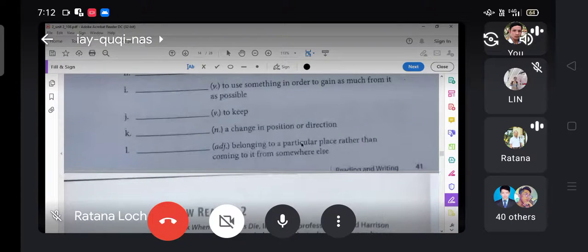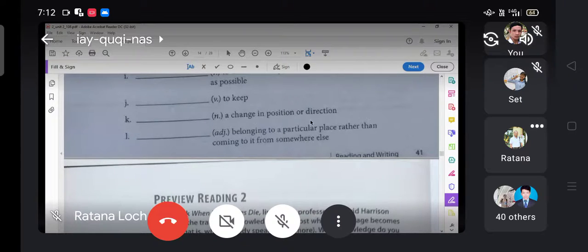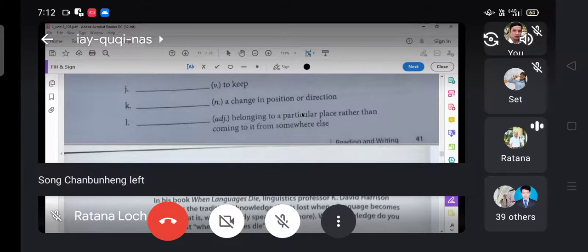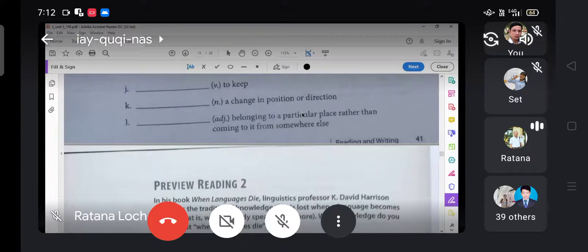Number 9, right? Number 9, shift. Change or shift, we use a lot in academic writing. You shift, not change. You shift something. You take a shift. For example, if you work, sometimes you take turns in doing something, right? Take turns doing something.